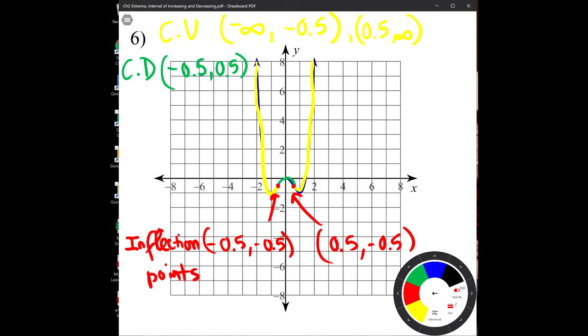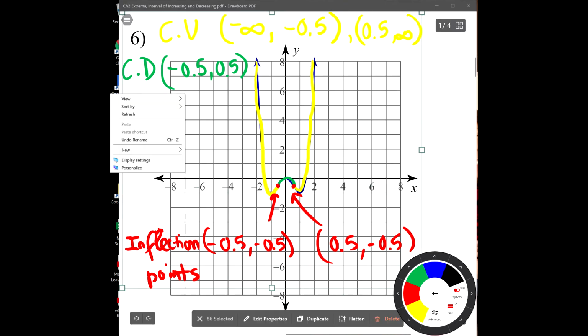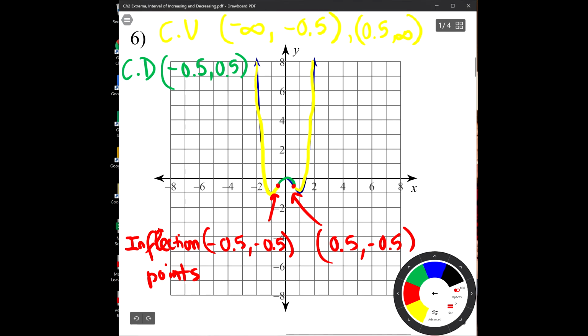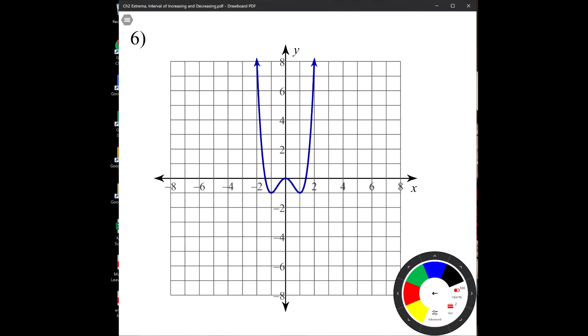Okay, and next we try to find whether absolute max or relative max, or absolute min or relative min. So on the graph, first we notice the graph has 2 arrows, so it just keeps going forever. And if it keeps going forever like that, we don't have any highest point on the graph, or we don't know exactly which point is highest on the graph.